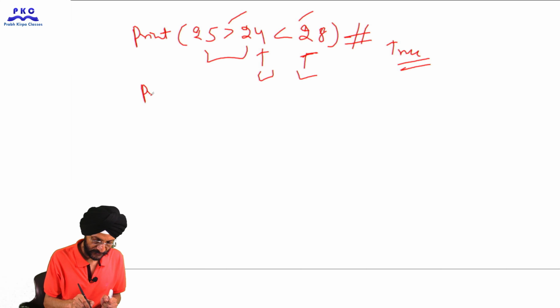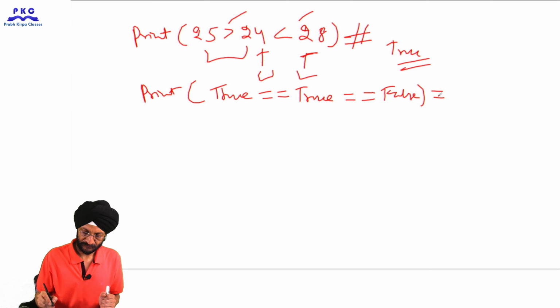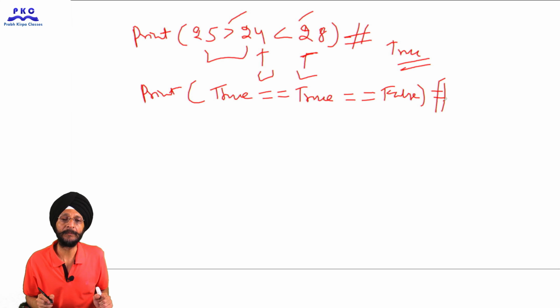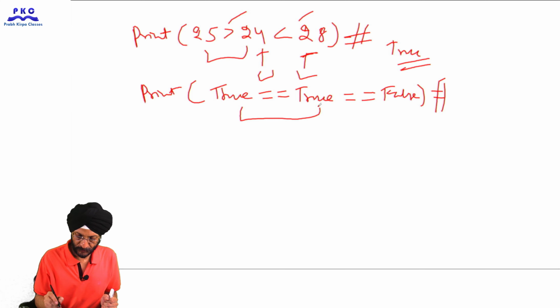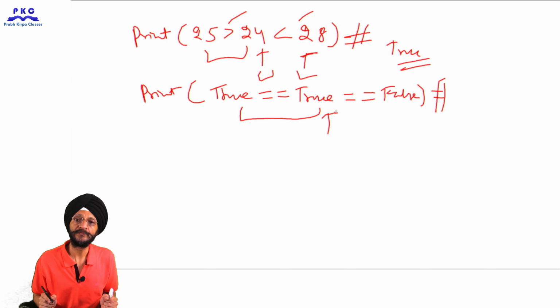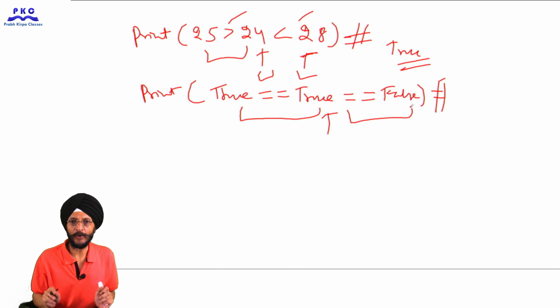If we write the print function and say true is equals true equals false, what will be the output which will be given by the Python interpreter? Firstly, true equals true. It is true. Whether true equals false, true is equal to false? No, it is false.